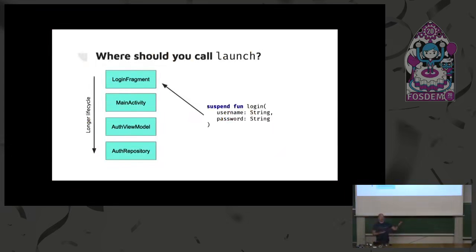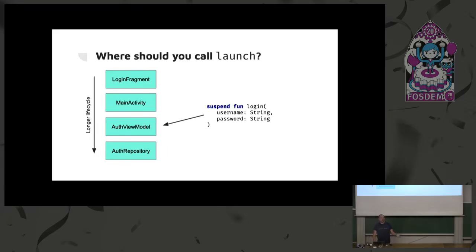Now, where would you want to call launch for the stuff you're going to do? Well, you can call it in your fragment, in the top level UI component you have, like a login fragment. That might be a valid thing to do. But what happens if you would press back there or something? So maybe you want to move it down and launch your coroutines in your activity. Well, that might also be a good idea, but what happens if you press home or you leave the activity? So maybe a better choice is to add the suspending function in your view model, so it survives when the user goes in and out of that scope.